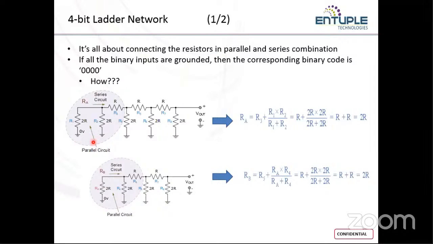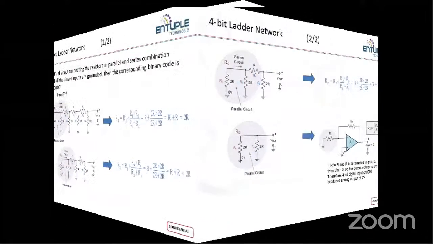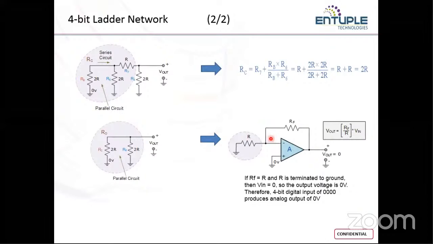If all the inputs are connected to ground, then obviously the output is 0. But how to figure out the output voltage value? You have to calculate the equivalent resistance at each and every stage, and finally you will get a circuit like this. And you can get the output voltage by using this formula.